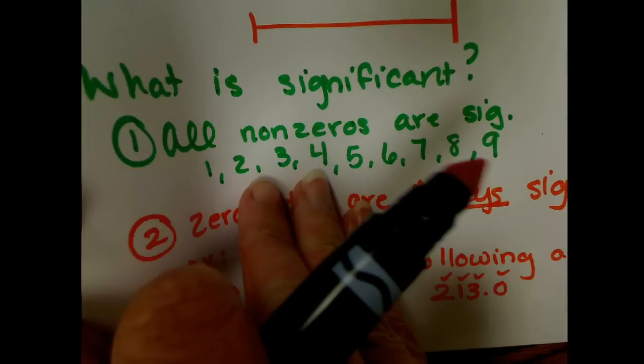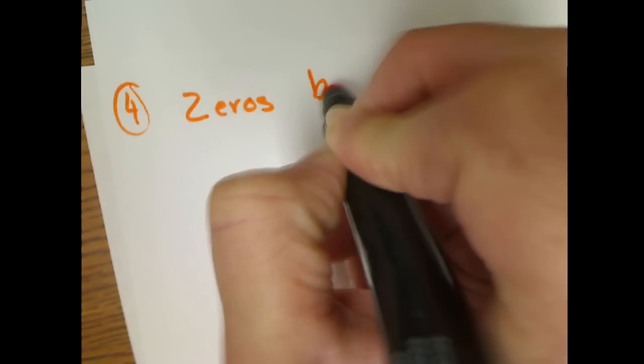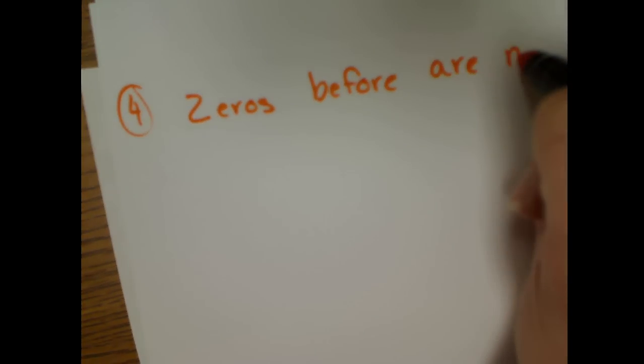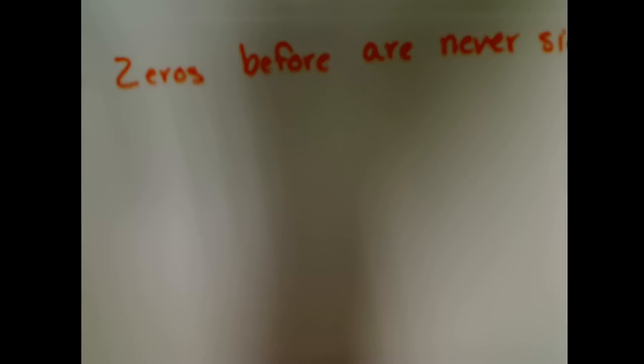The next one is zeros before are never significant.